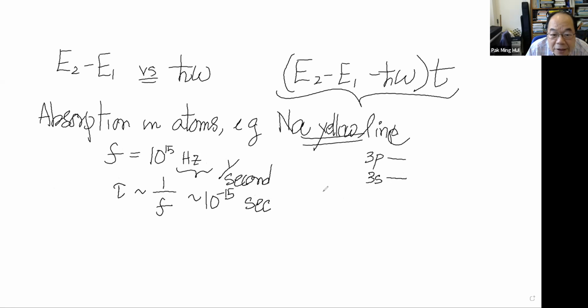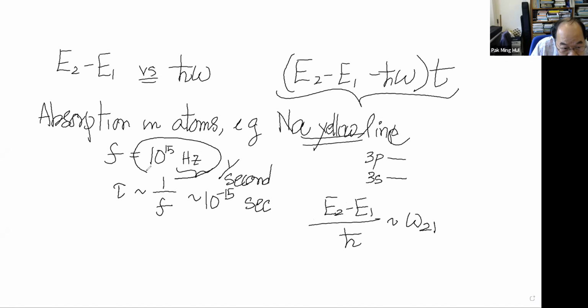Okay, so this is basically saying that this difference, that is omega 21, sets a very high frequency scale, therefore a very short time scale.